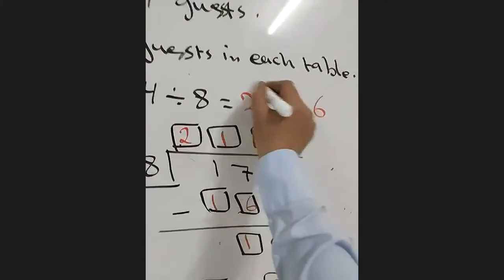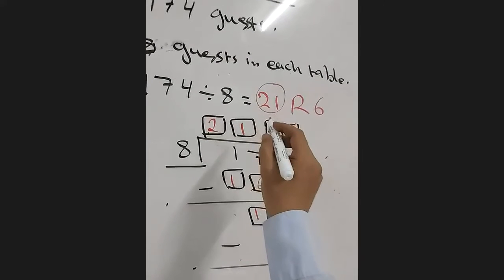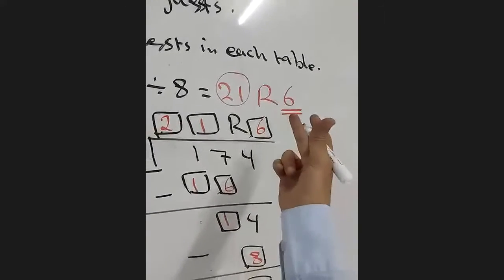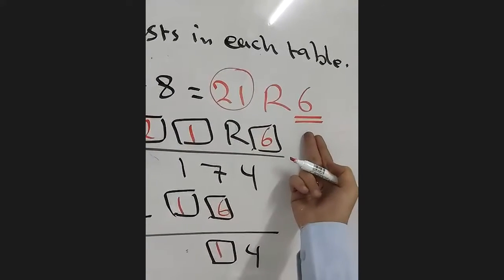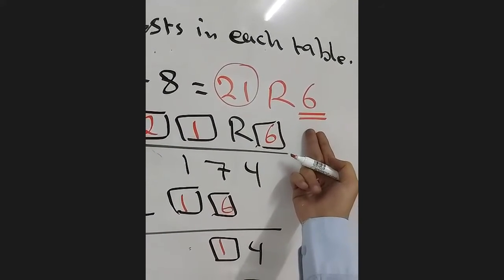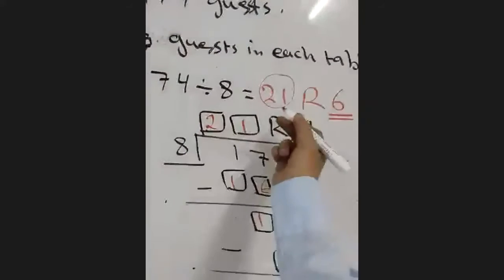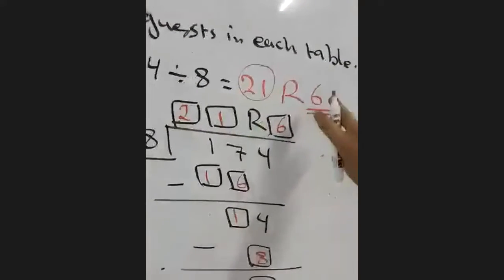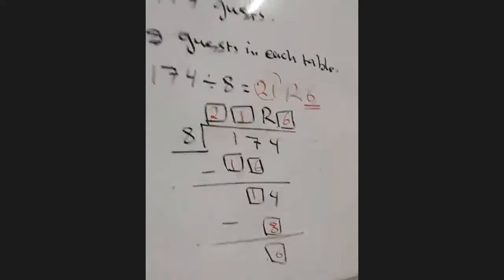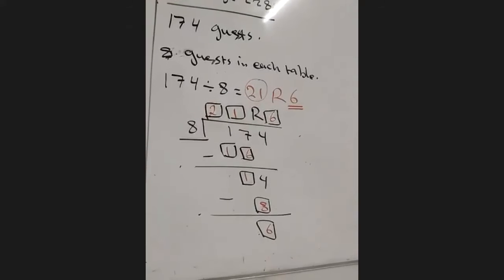So we have 21 tables, but how many guests are without a table? 6.